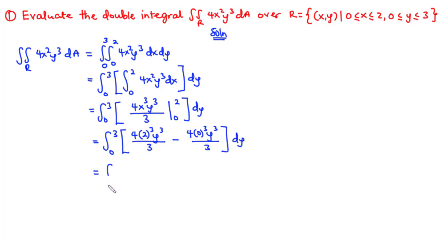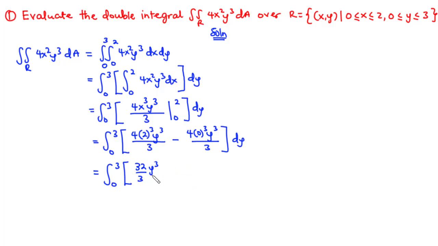So let's simplify this. We have 2 cubed to be 8, and thus we have 8 divided by 3 times y cubed minus. Now because we have 0 multiplying these values at the numerator, this whole fraction is going to go to 0.